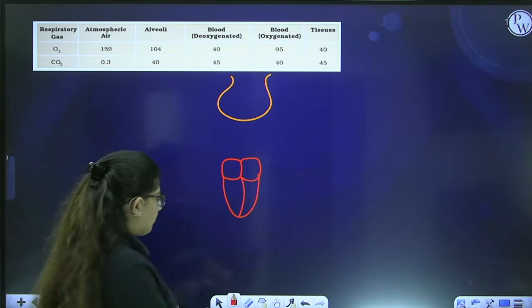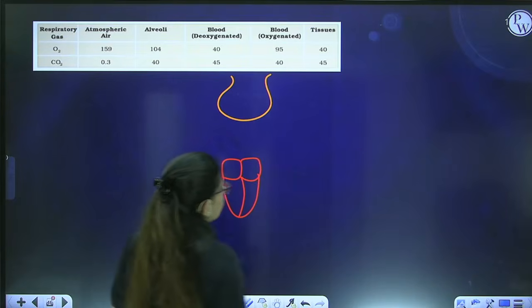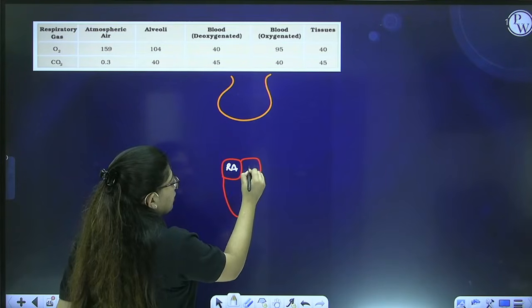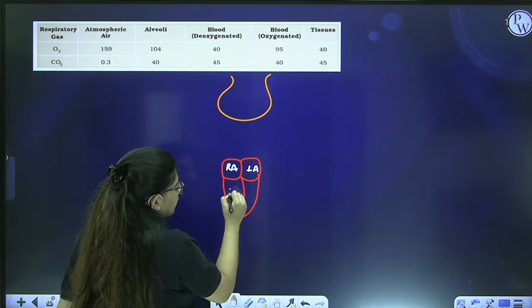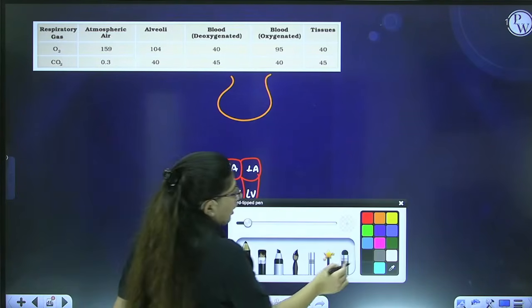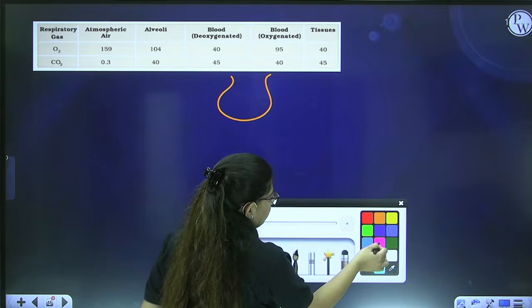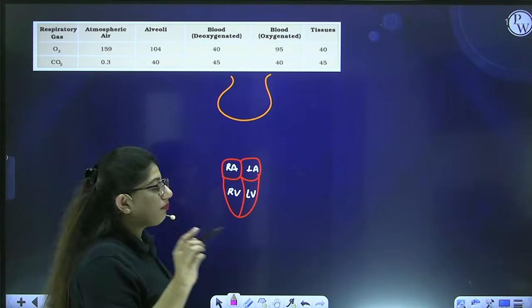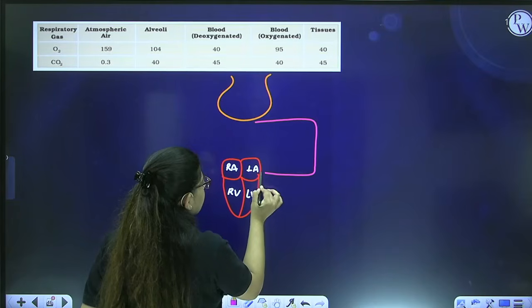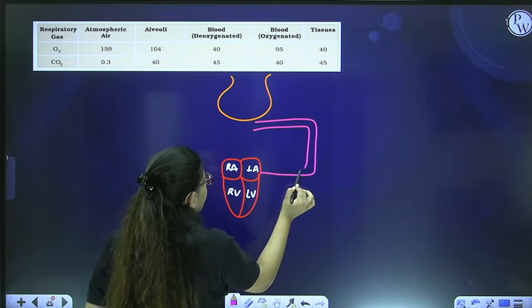If this is the right side of the heart, this is the right atrium, this is the left atrium, this will be the right ventricle, and this the left ventricle. Listen to me very carefully. From the lungs, the oxygenated blood enters the left atrium.